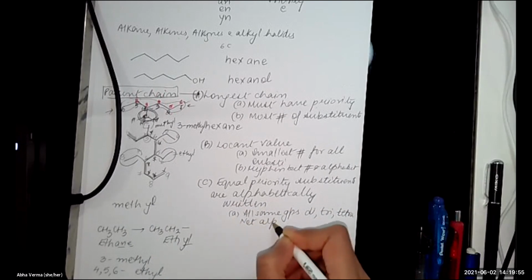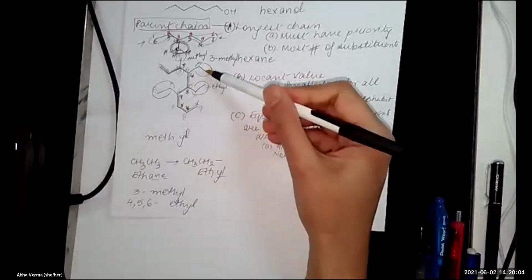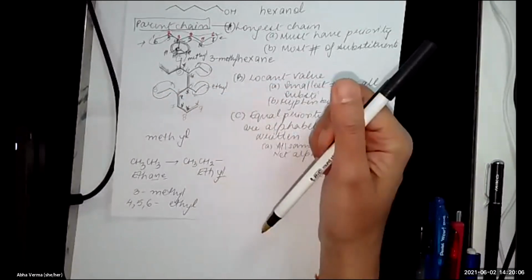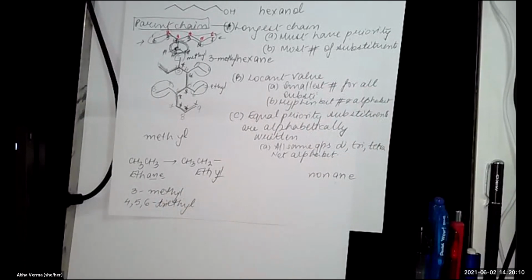Not alphabetically. What does that mean? It means that how many ethyl groups do I have here? 3. And as indicated, 3 is tri.